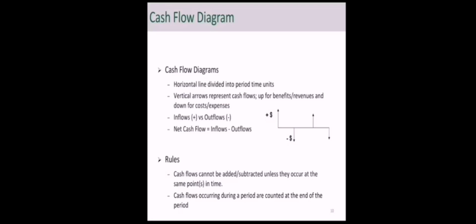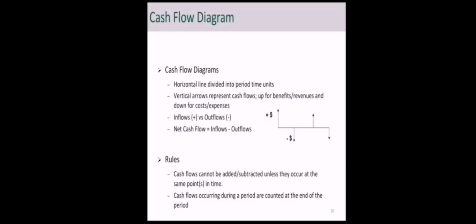The second one is the vertical arrows. Vertical arrows represent cash flows, up for benefits or revenues, and down for costs and expenses. The next one is the inflows positive versus outflows negative. So here, as you can see, our vertical arrows, the one that is pointing upward is the positive and the one that is pointing downward is the negative.